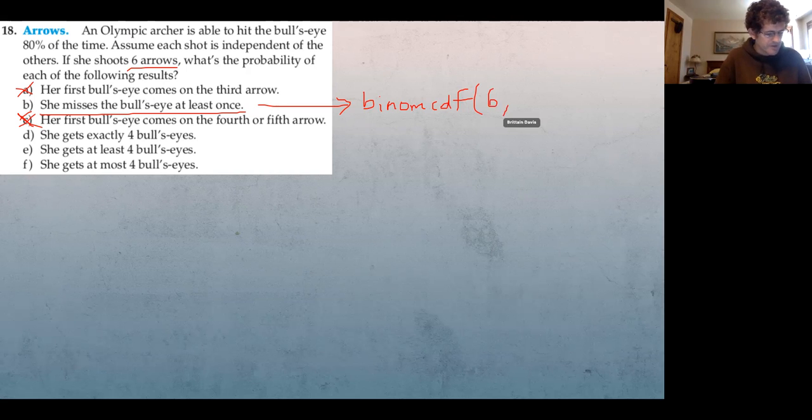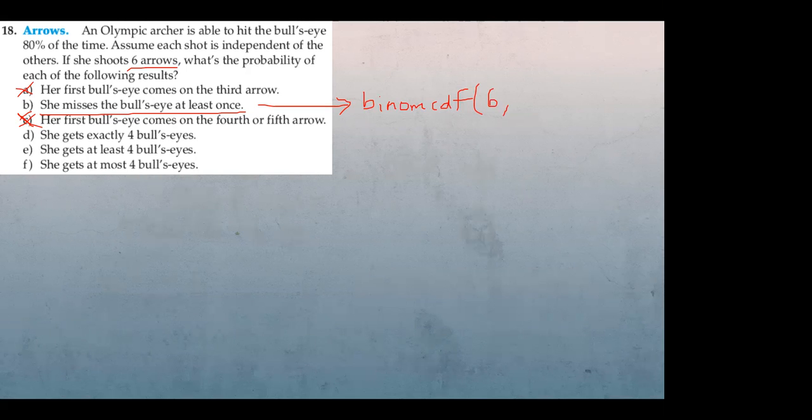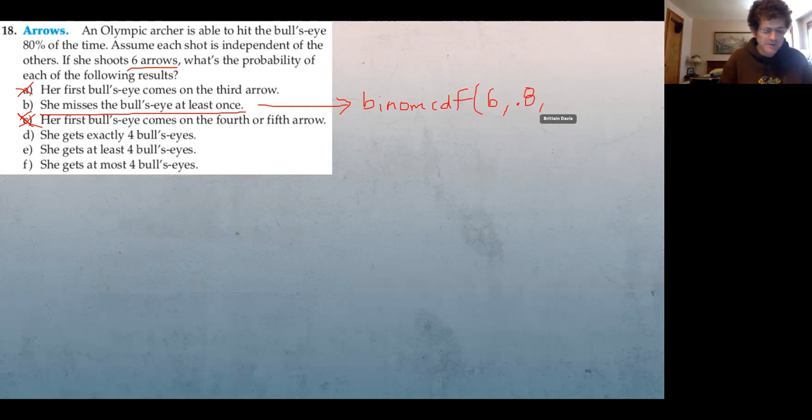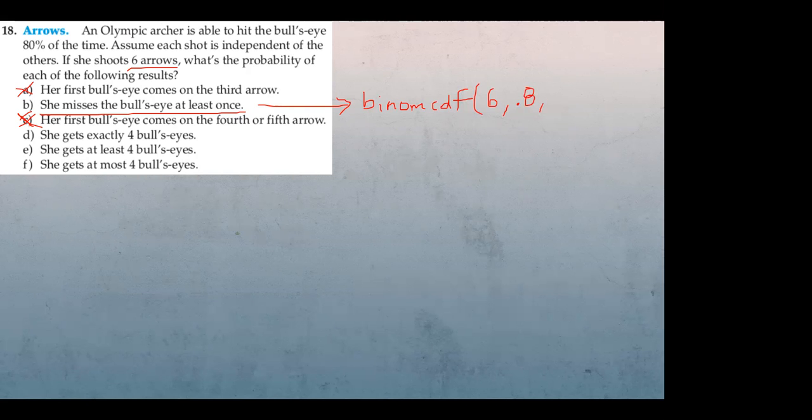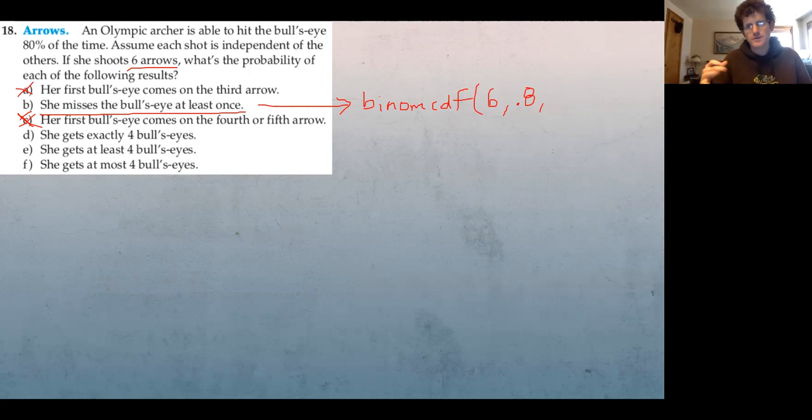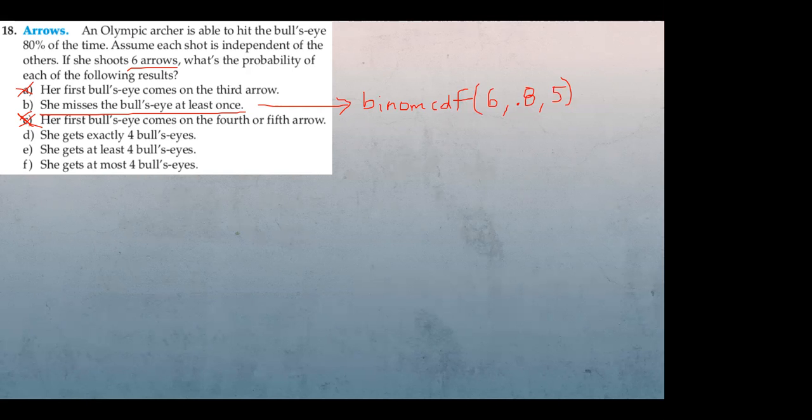The probability of success is what? 0.8. And up to how many successes are we interested in? 9. Well, since it's 6 arrows, 5. Yeah, had it been 10, you would have been right. So there we go. That's what we're doing.